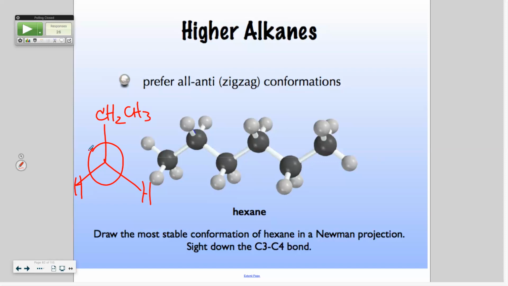Okay, what is on the back carbon that I'm holding with my hand? That's the back carbon. What have we got up here? 2 hydrogens. And what's down here? The ethyl. So make sure that you have 1, 2, 3, 4, 5, 6. Those are the 6 carbons.